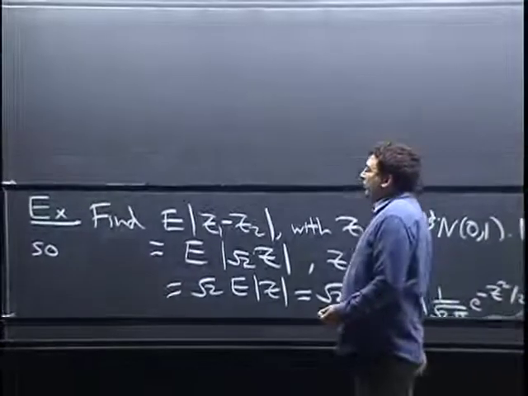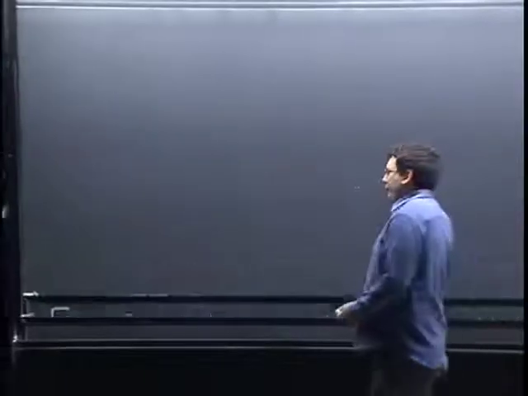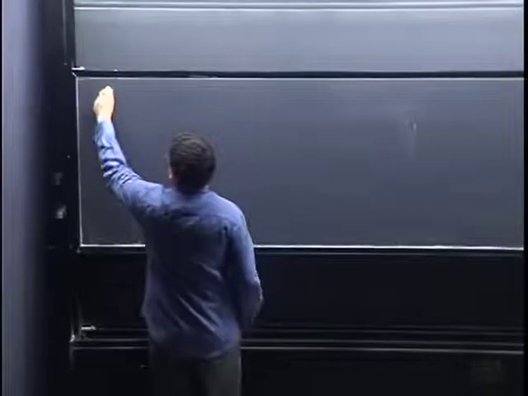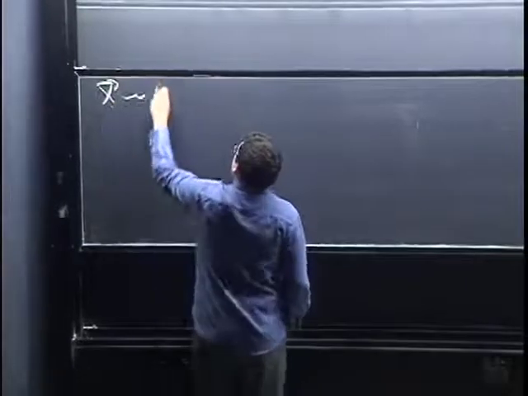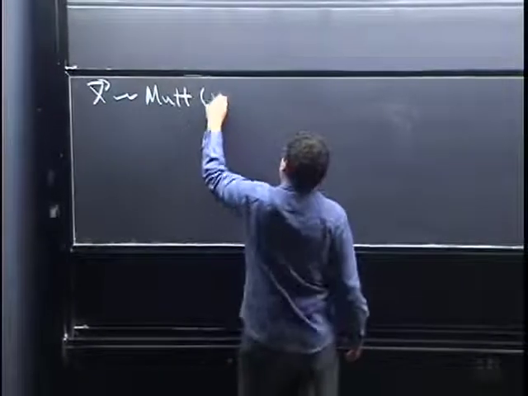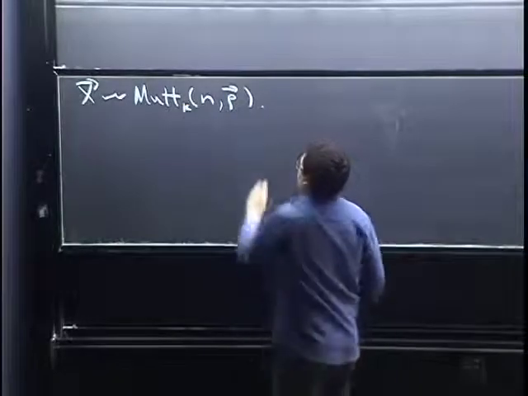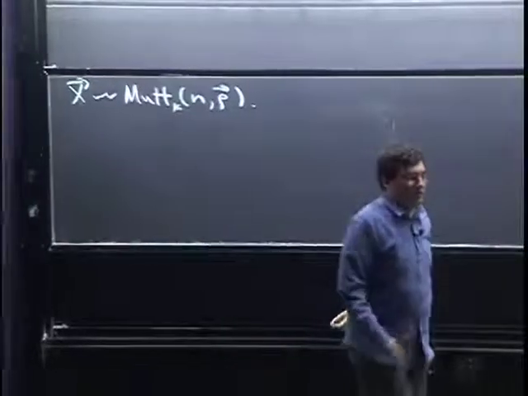So let's think about the marginal distribution first. We're letting X be multinomial(n, p). Sometimes I'll subscript a k just to indicate what the dimension is, so the number of categories.